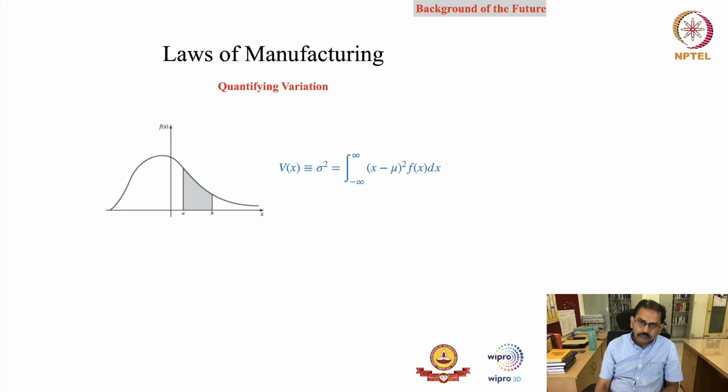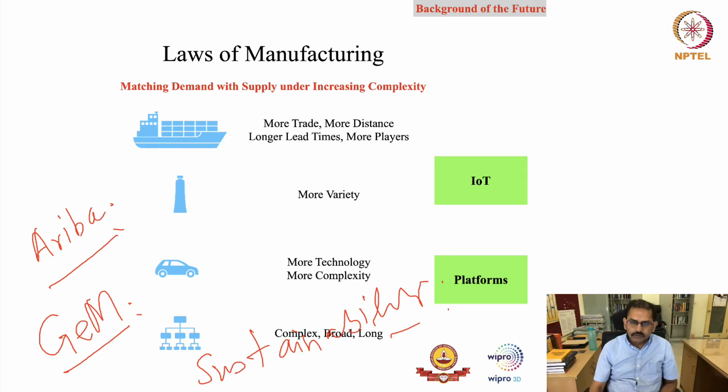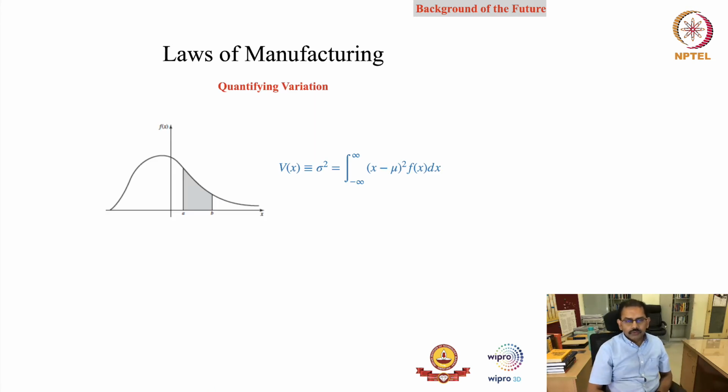So with this, I'll start going slightly into the math side, right? So till this point, our discussion was mainly in terms of the wisdom of manufacturing. So we have seen economies of scale. We may be talking about economies of scale, right? Now, the point here is how you quantify variation, right? So some of you have seen probability theory.